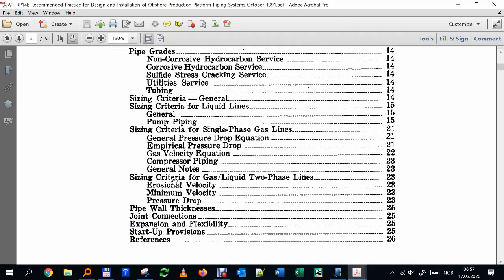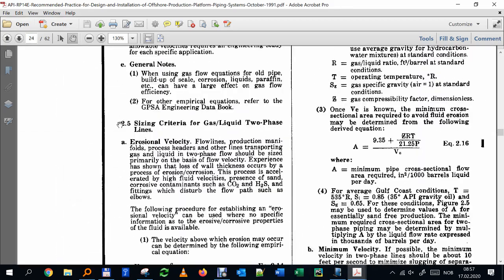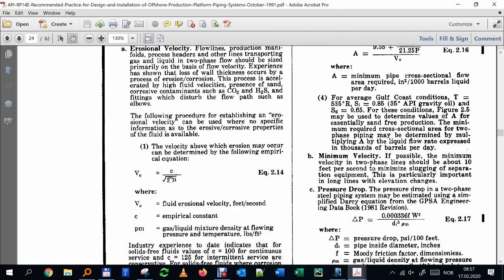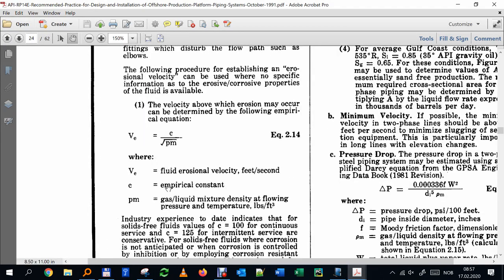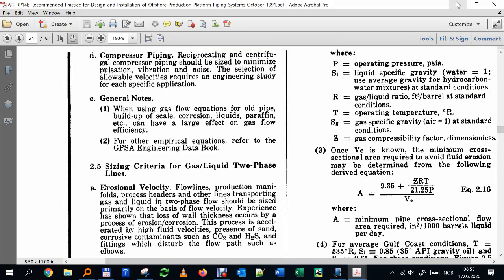Okay, erosional velocity, page 23. It tells you how to compute the erosional velocity. In this case, this API has a very simple expression that depends on the density of the mixture, and your velocity simply has to be less than that.